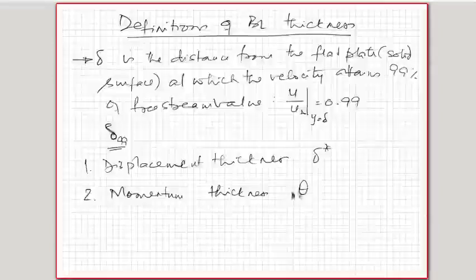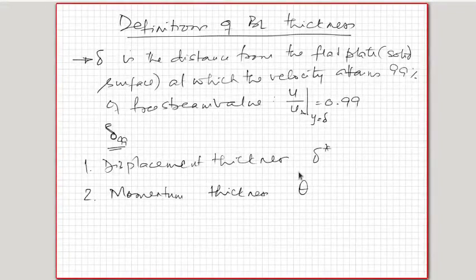These quantities are defined so that it becomes quite straightforward to evaluate them, because delta 99 is a quantity which can be determined only if I know the analytical function, or I fit a curve to the solution and then obtain the location at which the non-dimensional velocity crosses 0.99. Whereas these two are definitions which enable us to mathematically evaluate boundary layer thickness or its representative in some form. That's why we define them in this way.